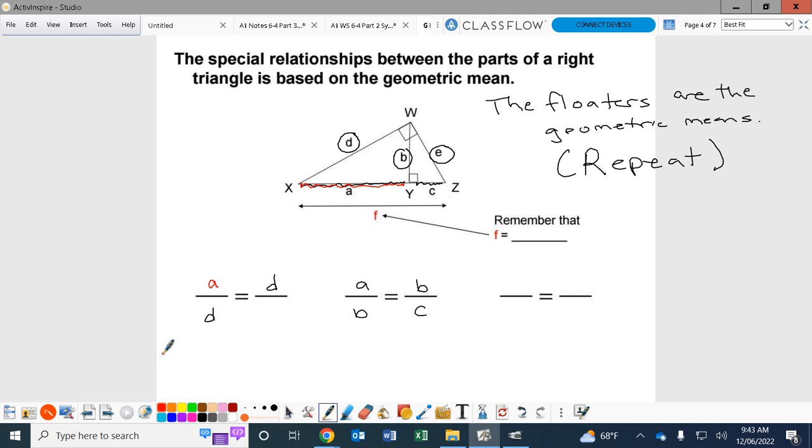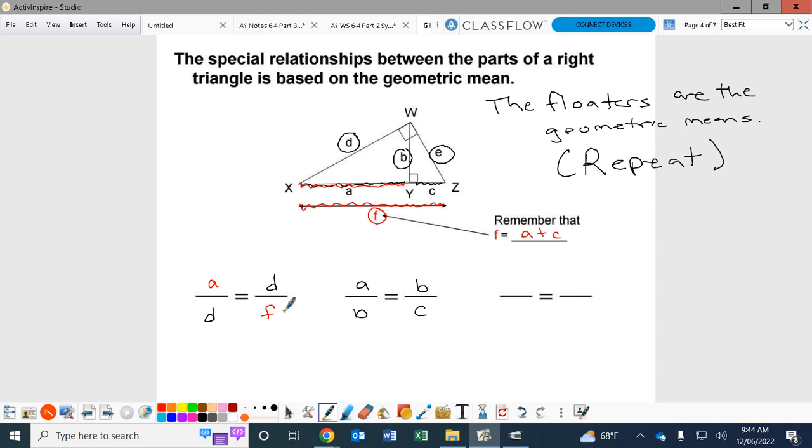Well, it floats between A and the entire thing. The entire thing is going to be F. Guys, what's really F though? F is the whole thing, so it's really just A added to C. It's just those two things added together. So that D is going to repeat. That D touches that A right there and the whole thing, which is F.